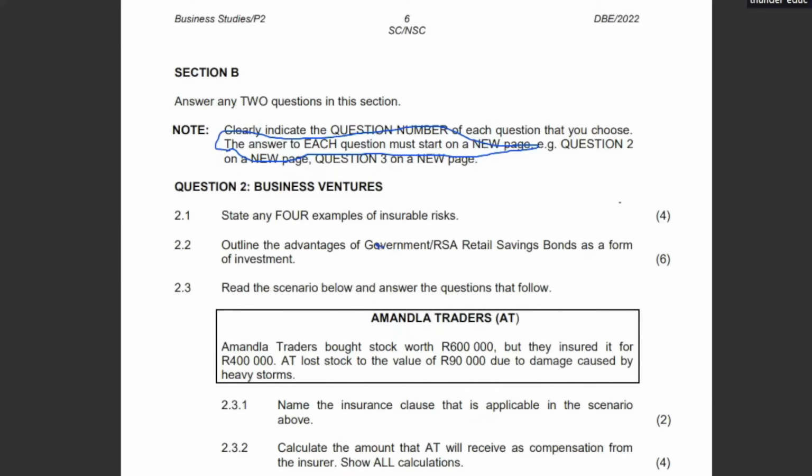Okay, right. So now, insurable risks. You can insure against what? Theft. And also against burglary.